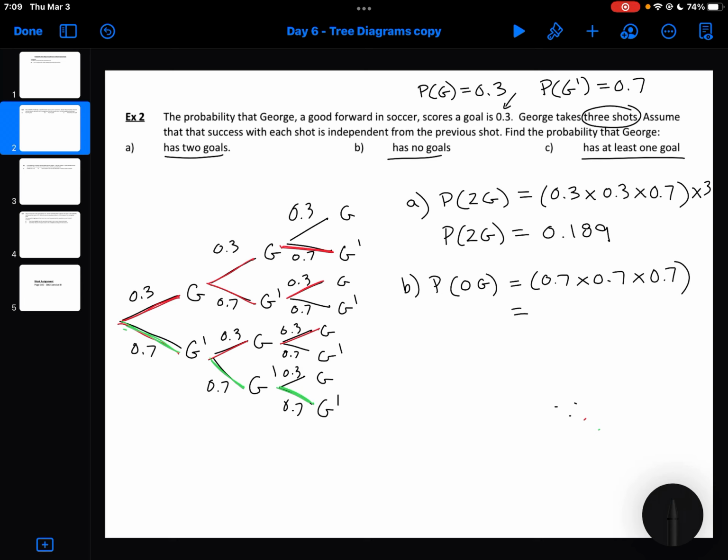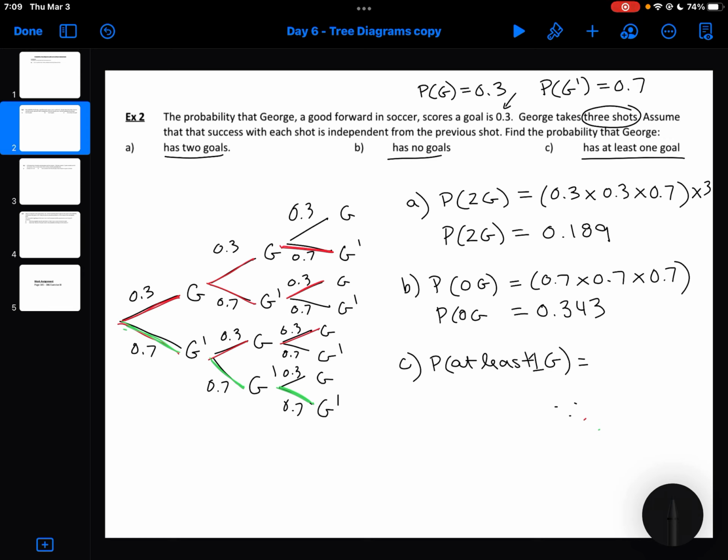There's only one pathway that makes that possible. So I can multiply those together, which would give me 0.343.